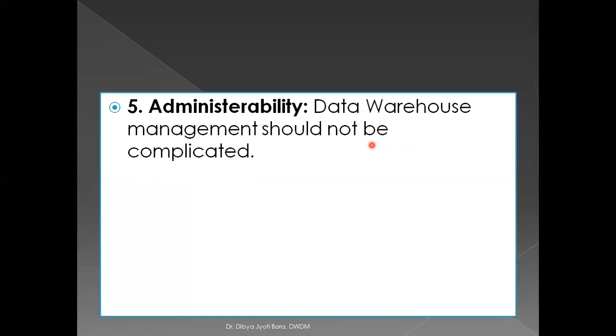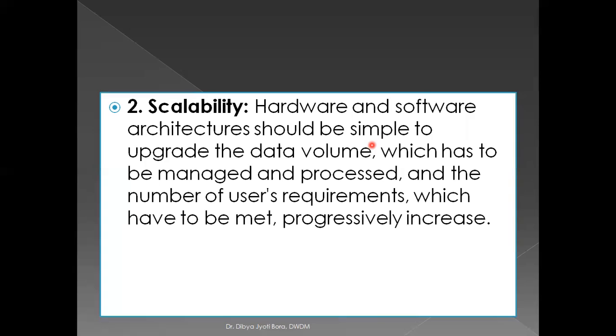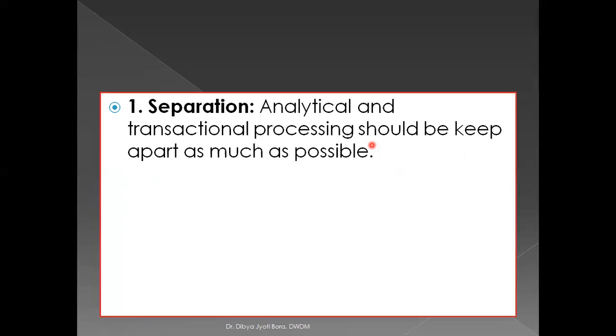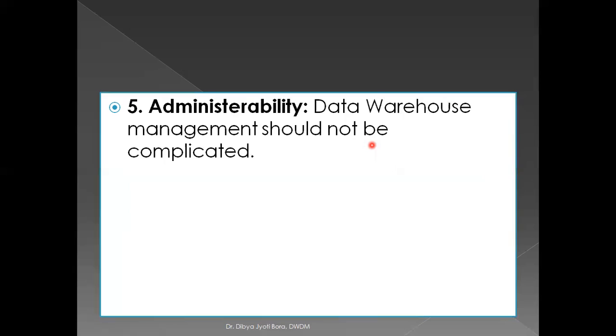Then administrability: data warehouse management should not be complicated. So these are the properties of data warehouse architecture: separation, scalability, extensibility, security, and administrability.